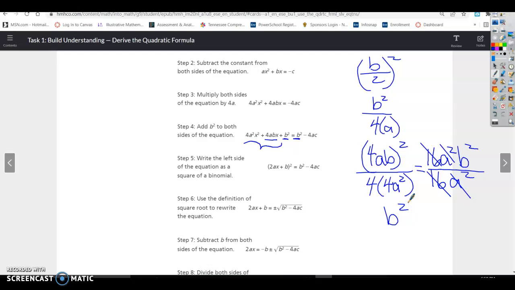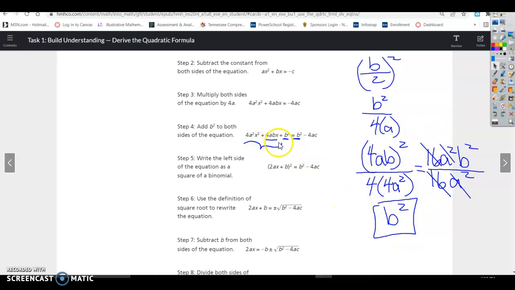So they did completing the square just like we did in the last lesson, and that's how they got the term. They wanted the perfect square so that then they can factor it. This b squared came from this process that we used in the last lesson for completing the square. Once they do that, this side is a perfect square trinomial. They know it is because they used this process to make it that way.